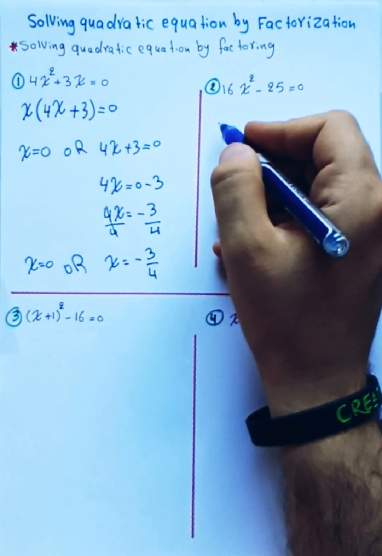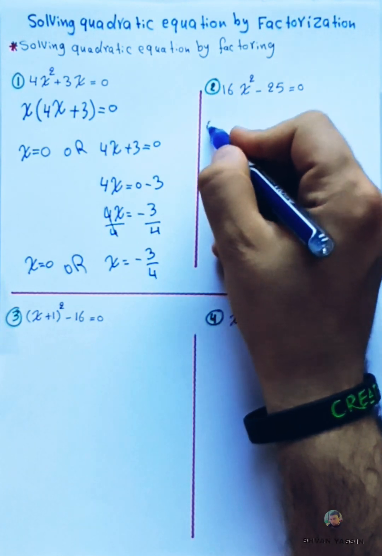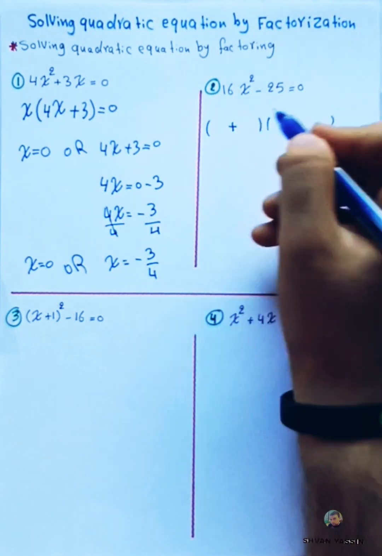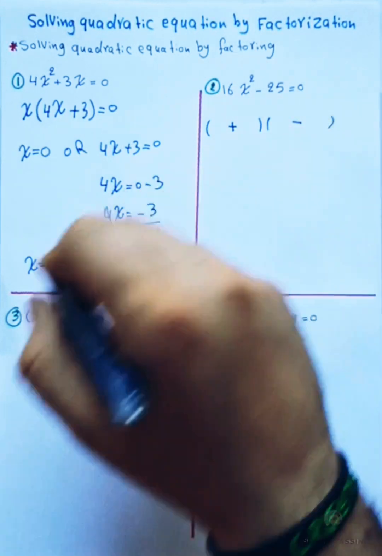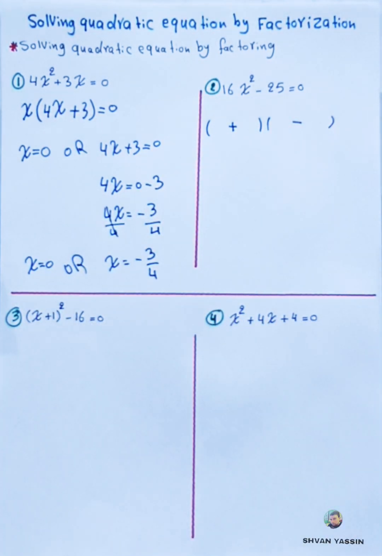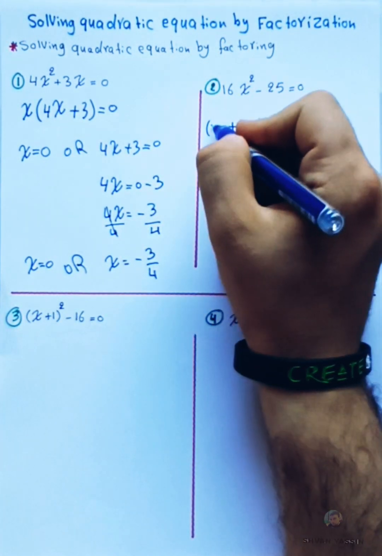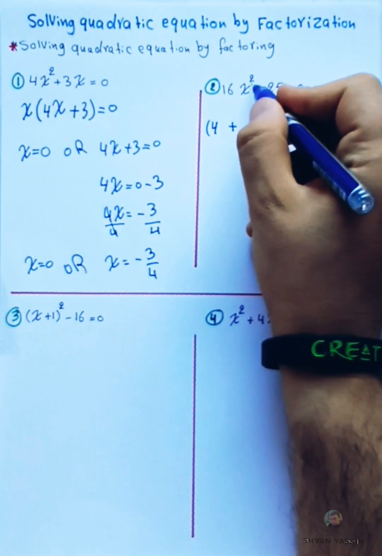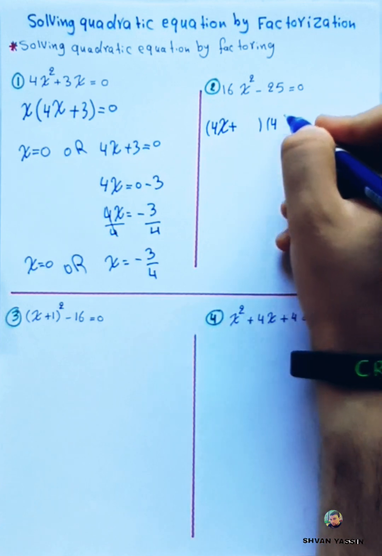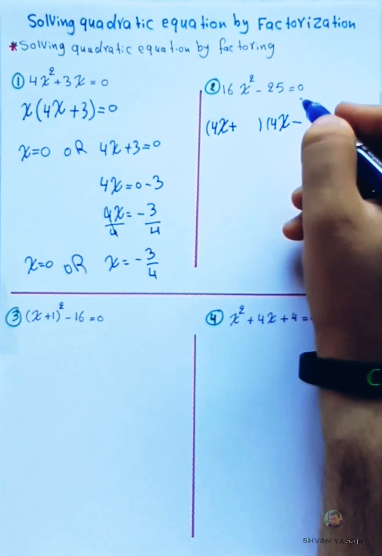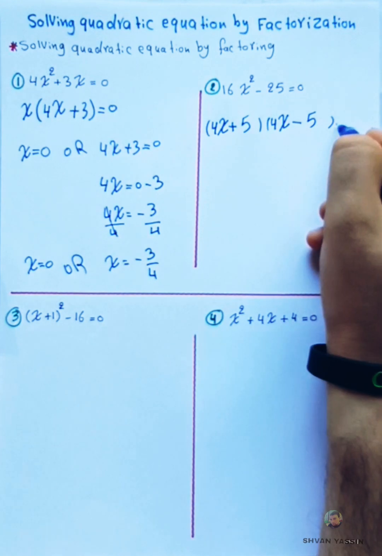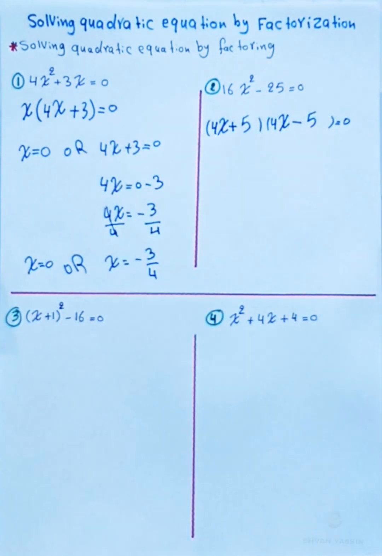We have to draw two parentheses. The first parenthesis is plus and the second is minus, and then 16 comes from 4 multiplied by 4, and x squared comes from x multiplied by x. After that 25 comes from 5 times 5, equal to 0.